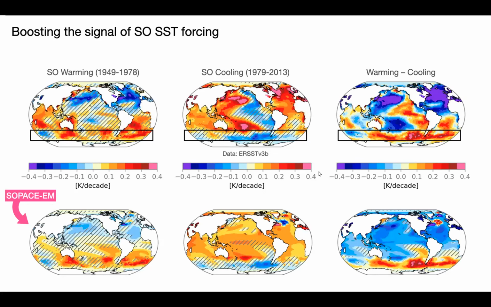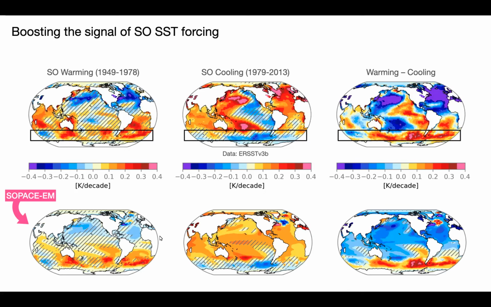So first, I will show you the ensemble mean of the Southern Ocean pacemaker for each period, as well as the difference. Not surprisingly, we do see warming that is connected to the Southern Ocean warming in the earlier phase, and in both the Pacific and the Atlantic basins.